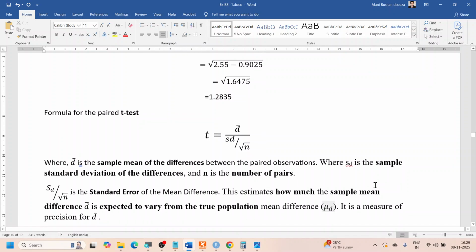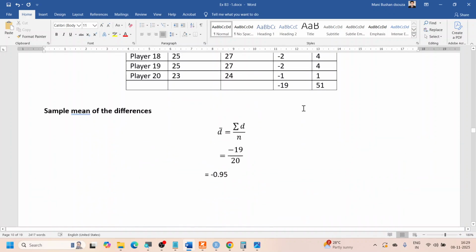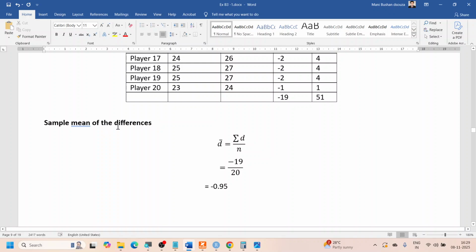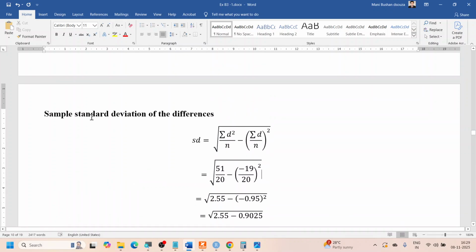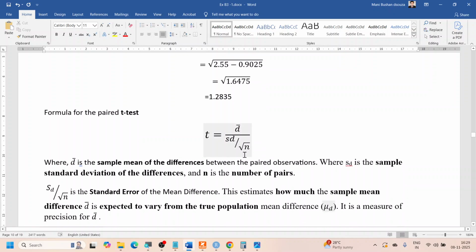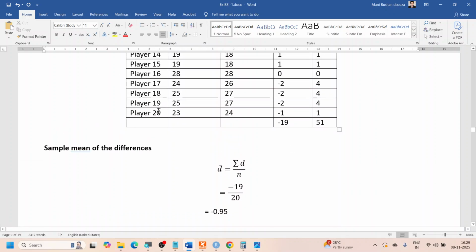Now let us try to find the paired t-test. The formula for the t-test is the sample mean difference divided by the standard deviation of the differences divided by the square root of the number of samples, which is 20.